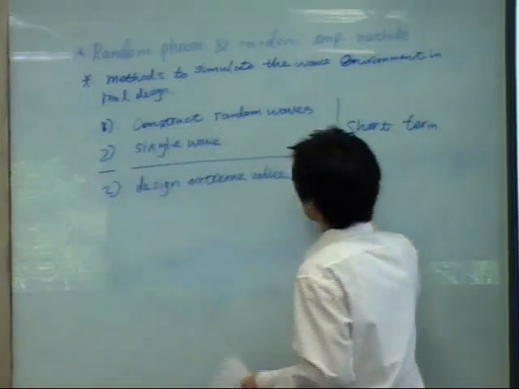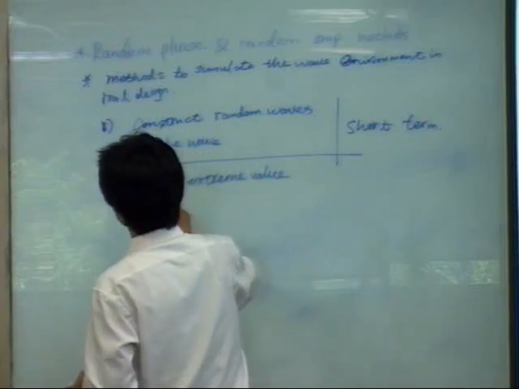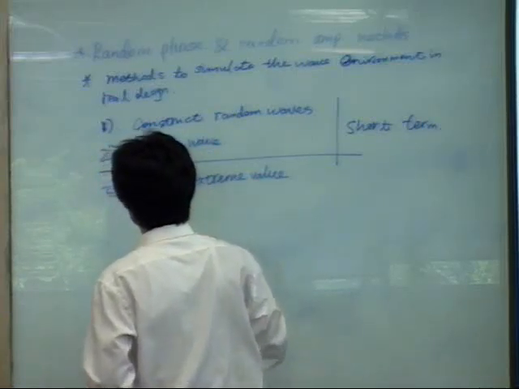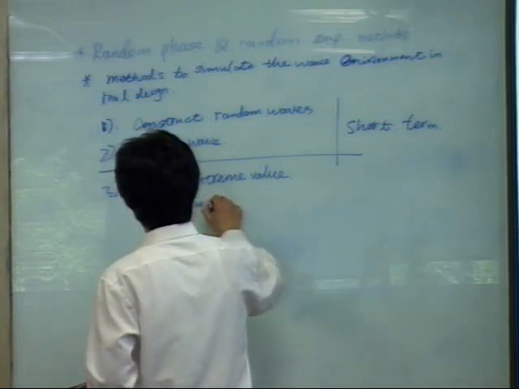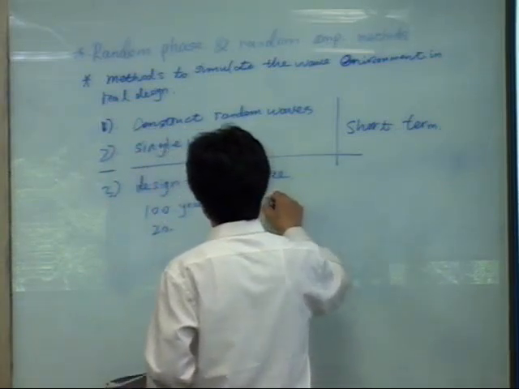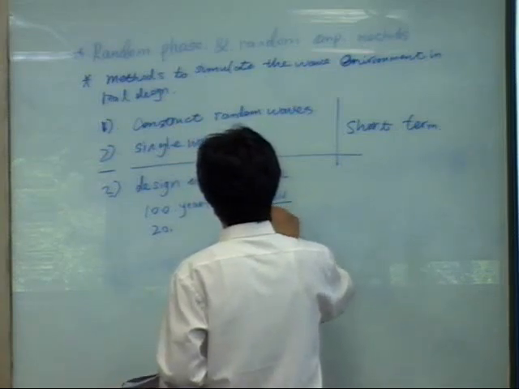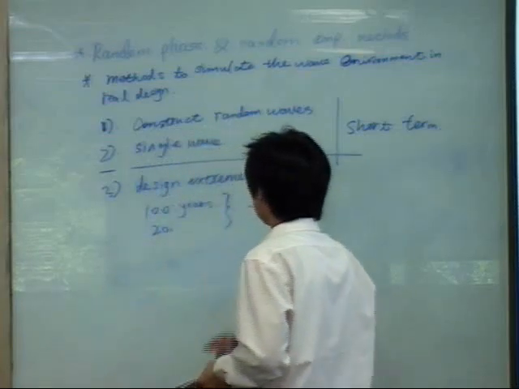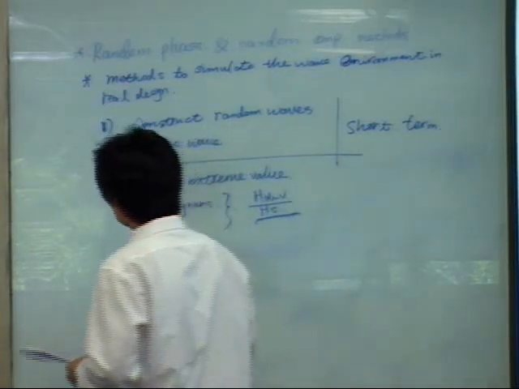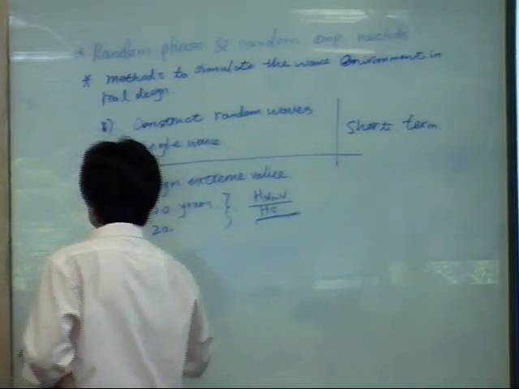What we just went through is like we have a 100-year wave or 20-year wave. You use the relationship with the significant wave height to figure it out.